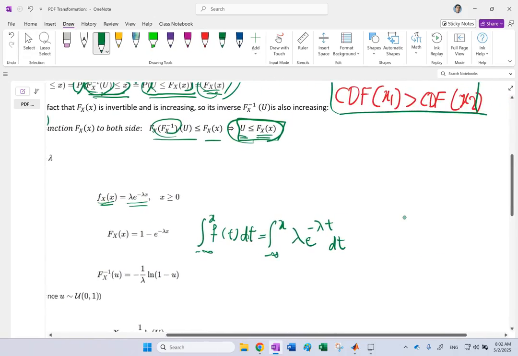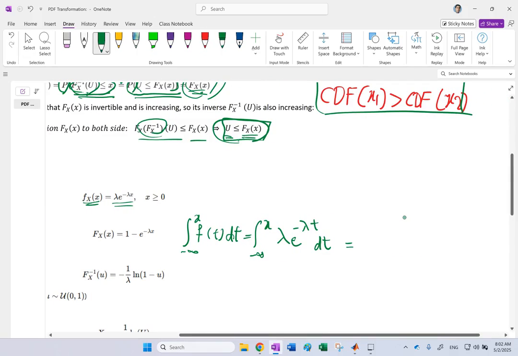And I bet everybody can do this integration, correct? Because this is just going to be negative e to the negative lambda t, correct? If you take derivative of that, that's exactly this guy.